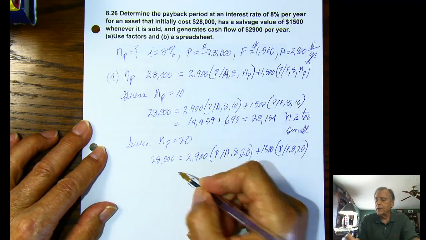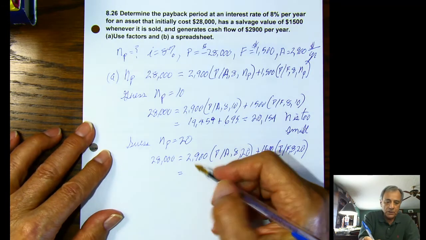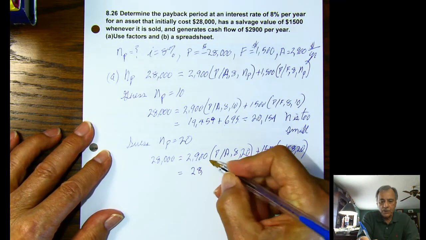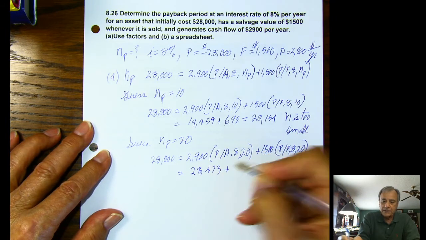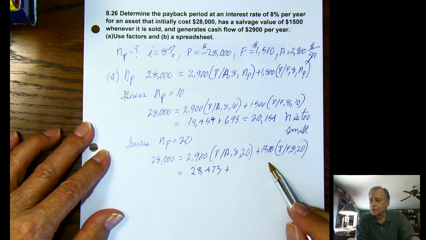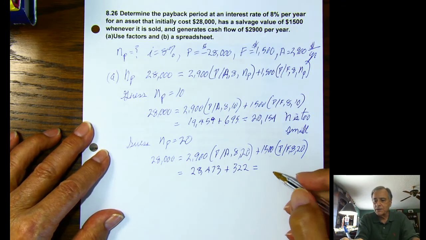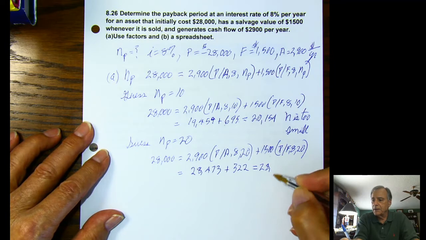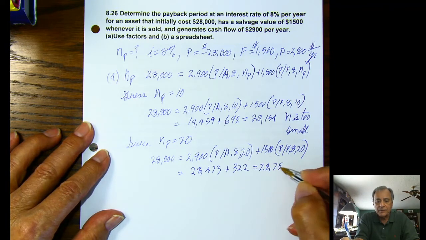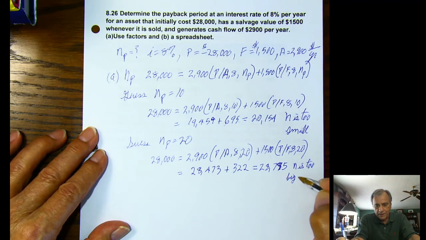When I crank through that, this quantity here turns out to be 28,473, and this 1,500, when I bring it back for 20 years at 8%, shrinks all the way down to $322. So the sum of these turns out to be 28,795. That's a little too big, by just a little.